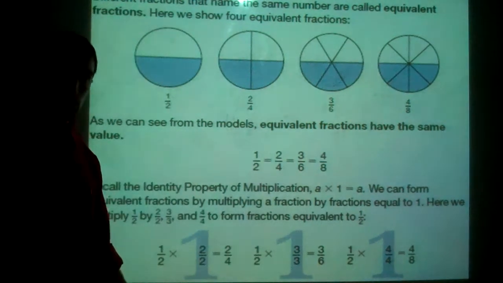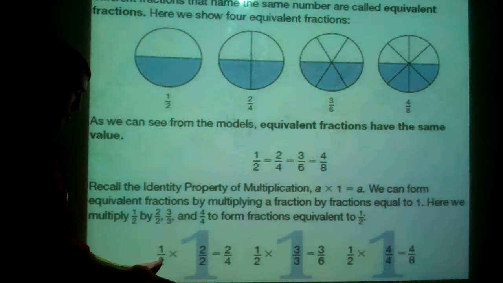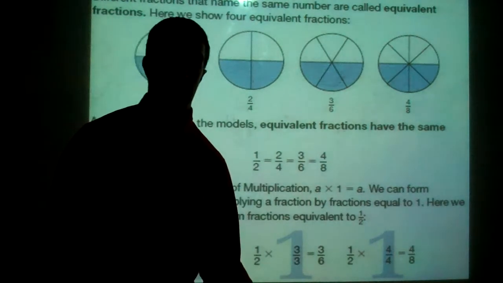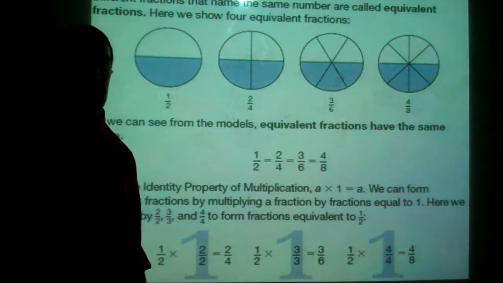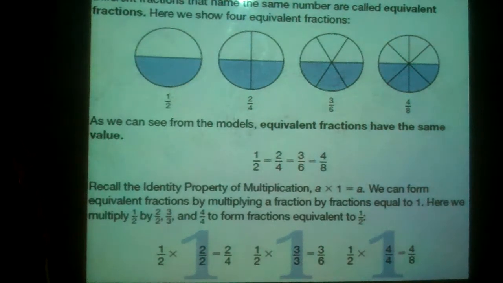Well, that's essentially what we're doing here. 1/2 times 2/2 is the same thing as 1/2 times 1. So that's how we get the same value. 1/2 and 2/4 are the same thing. We didn't change anything except for the numbers, but we still have the same value. So that's what equivalent fractions are. So just to sum up here, all of these would be equivalent.